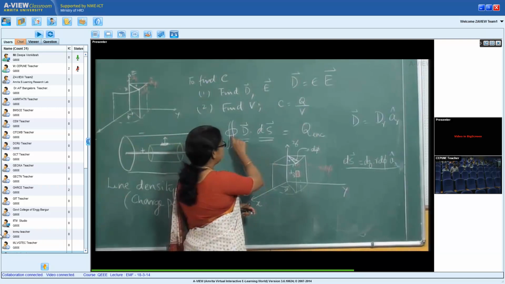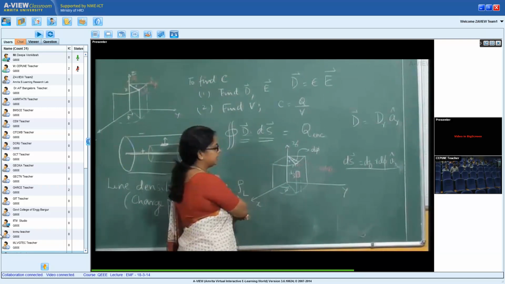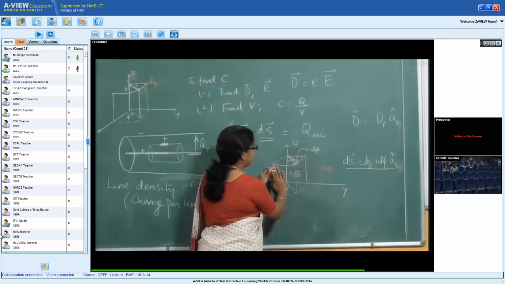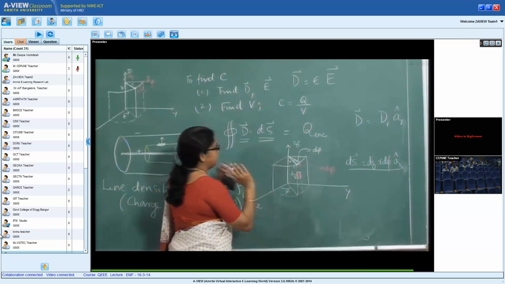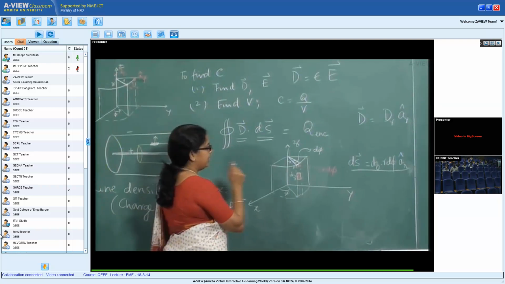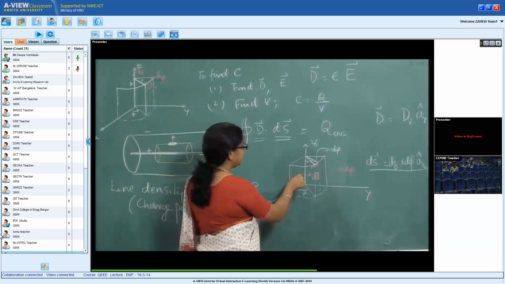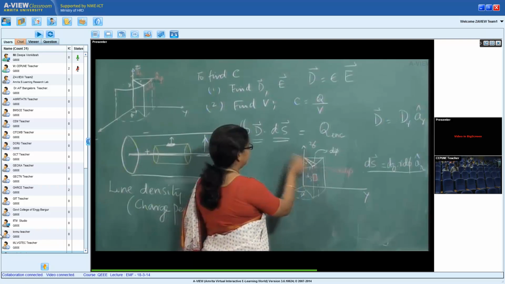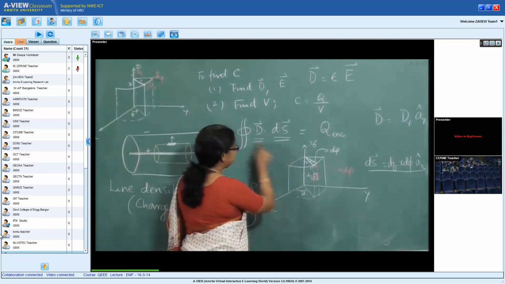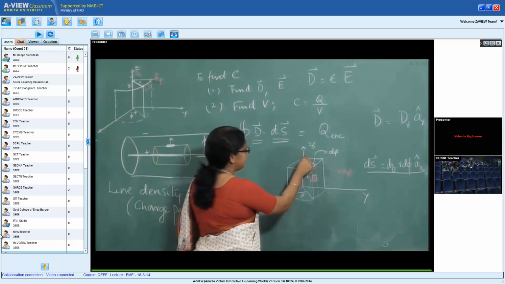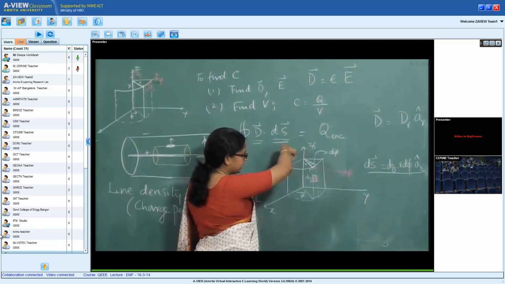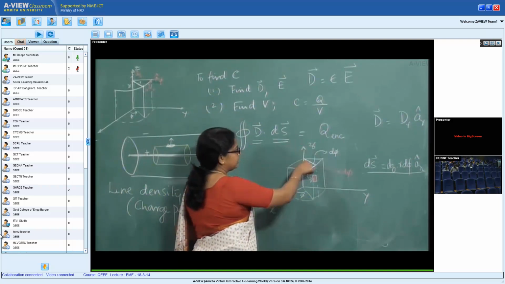So I want to use this for the closed surface integral, which means I have to imagine that this cylindrical section has to be closed. So when you are closing this, what would be the limit of integration for phi? When I want to do this integration, phi has to go from 0 all the way, it has to completely close, which means 0 to 2 pi.